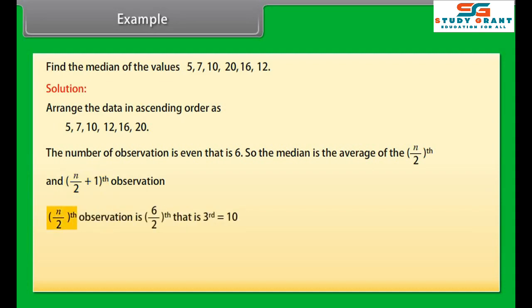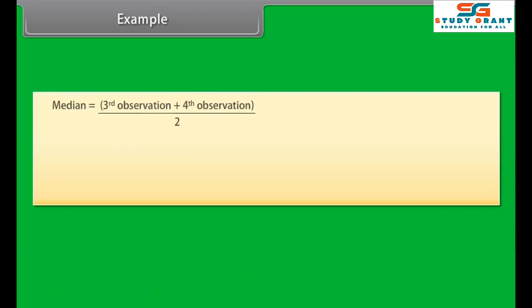The (n by 2)th observation is (6 by 2)th, that is, third equals 10. The (n by 2 plus 1)th observation is (6 by 2 plus 1)th, that is, fourth equals 12. Median is equal to (third observation plus fourth observation) by 2, which equals (10 plus 12) by 2 equals 11.